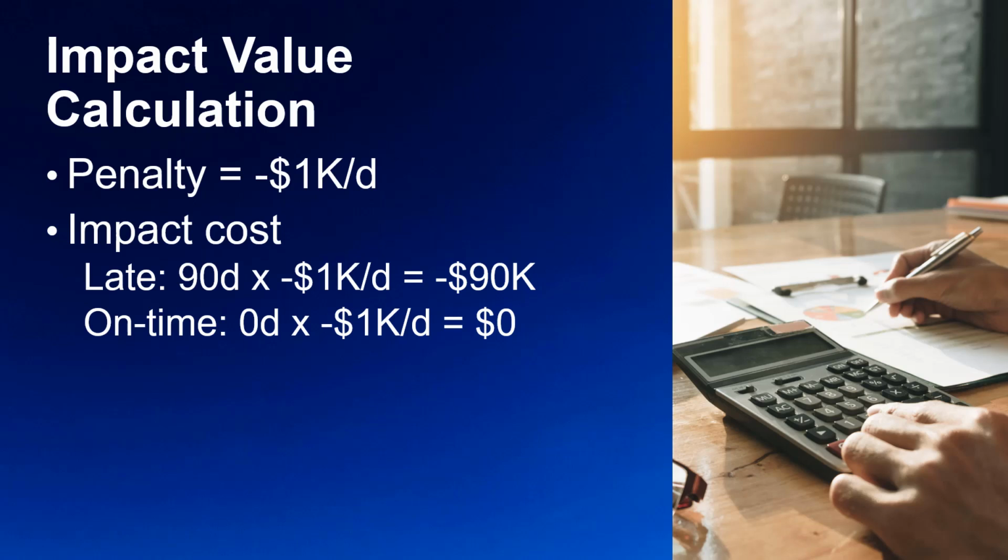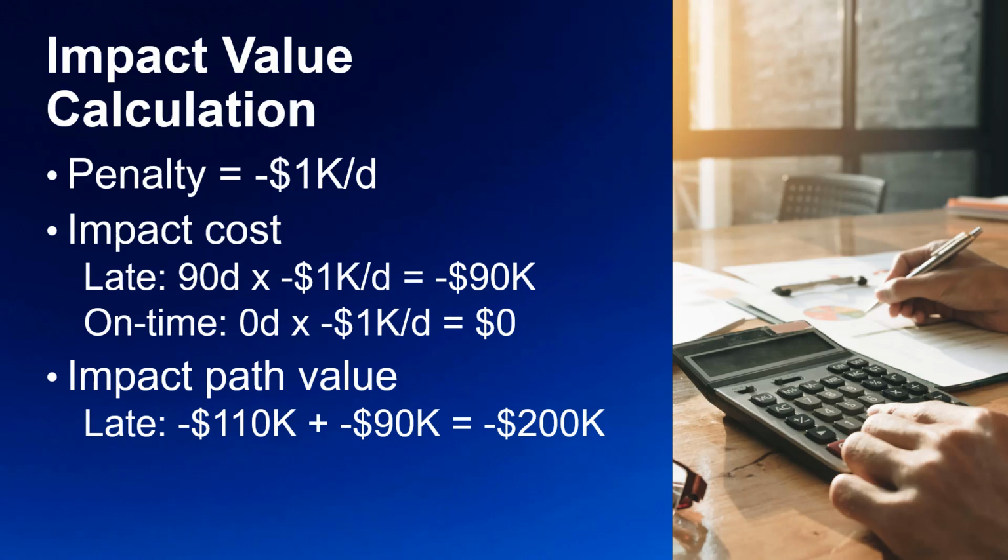Next, we need to calculate the total impact value. We need to add our original low-cost bid and the impact for each scenario together. So, our low-cost bid cost us $110,000. Again, it's an expense, so there's a minus there. Then we add the impact of being late to that. That's another $90,000, which gives us a total expense of $200,000.